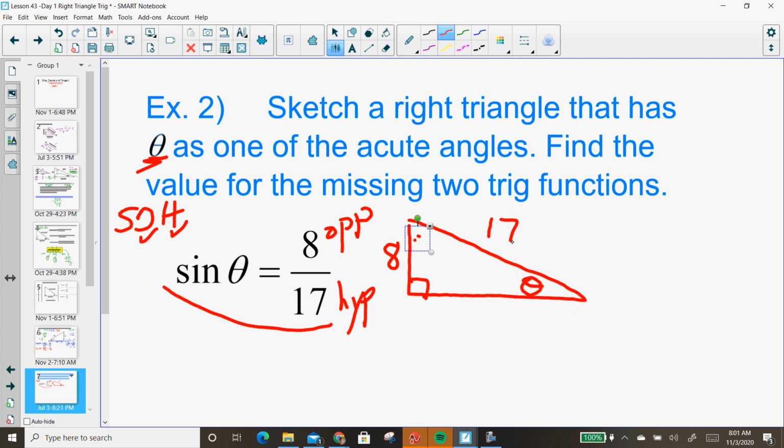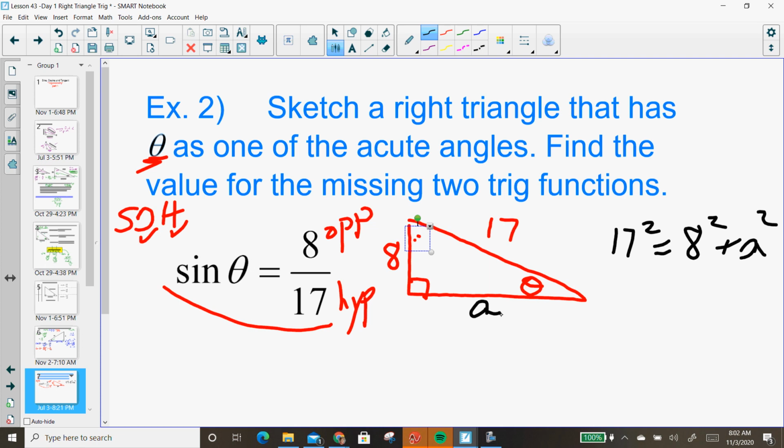Okay, so then we can use Pythagorean Theorem to figure out how long the other side is. So we know that 17 squared has to be 8 squared plus that adjacent side squared. And you may need a little bit of calculator help there. I don't know if everybody knows 17 squared or not.